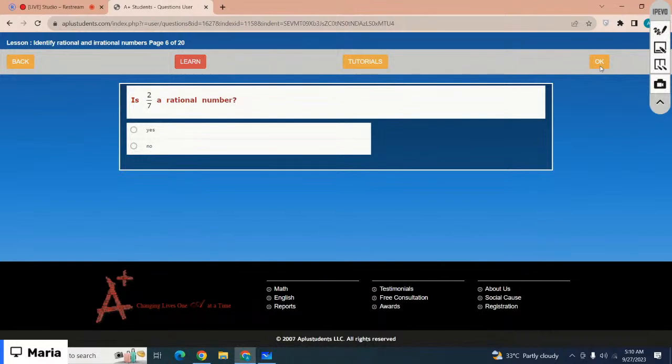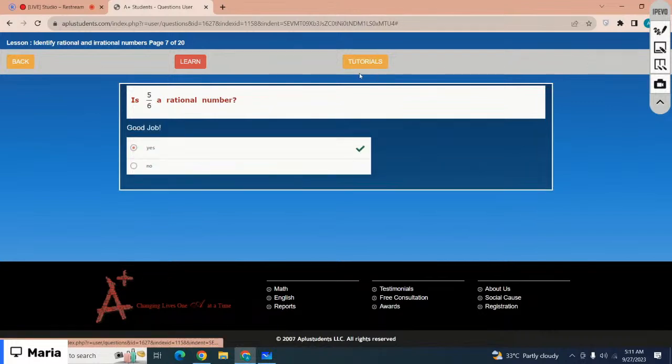Yes, 2 by 7 is a rational number. Okay, the next one: is 5 by 6 a rational number? The correct option is yes, it is a rational number.